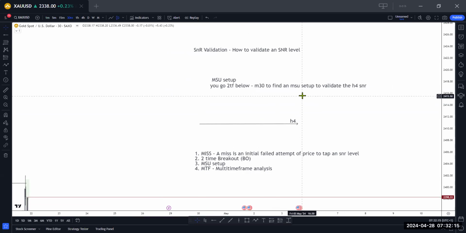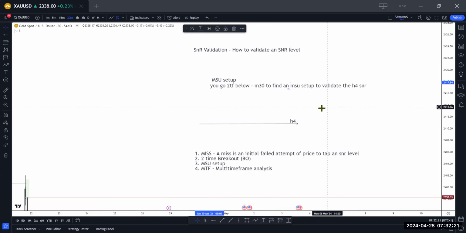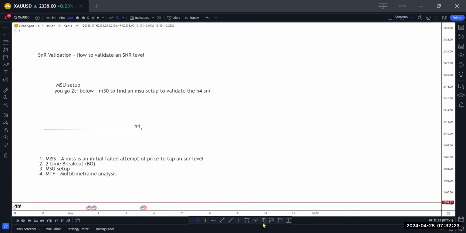Must you always go two time frames below? Yes. And the other interesting thing is that for H4 SNR, you can go to M30, you can go to M5. Why M5? Because M5 is two time frames below H4. Okay, please write this down.